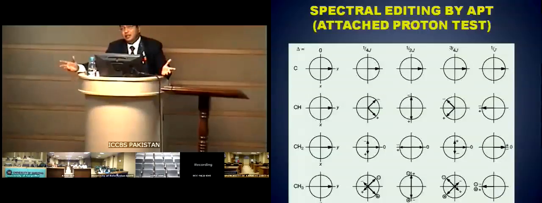But at the end, of course, it is a fact that we get one carbon peak for each carbon, and overlapping is fairly rare. Chemical shift is quite clear. There is a problem that we miss out a very important piece of information, which is the multiplicity. You can appreciate the importance of multiplicity when you deduce the structure of an unknown compound.